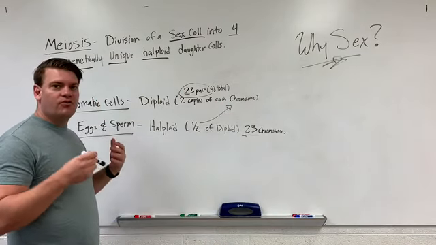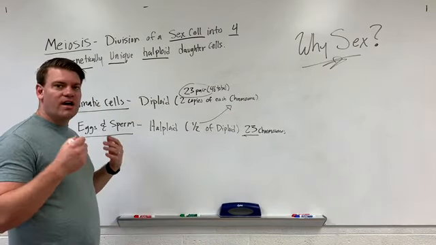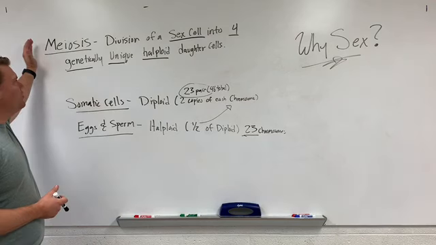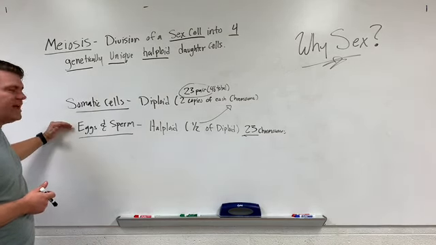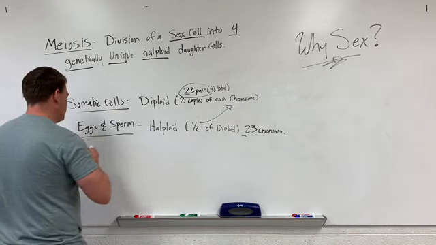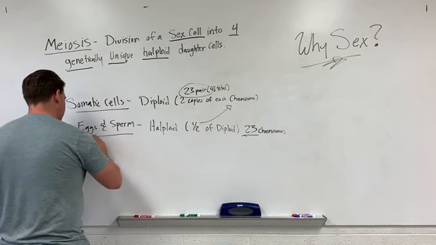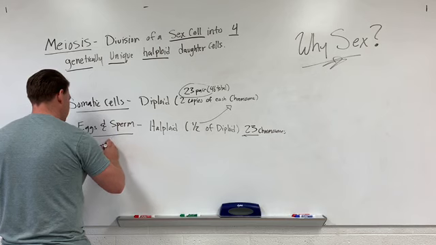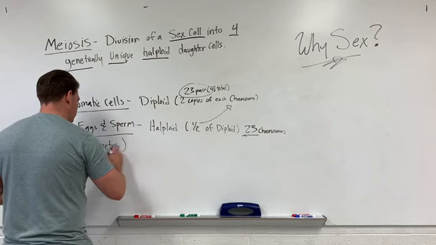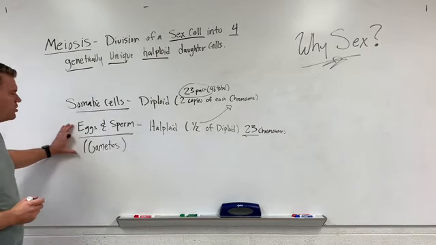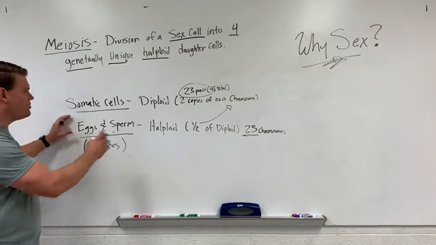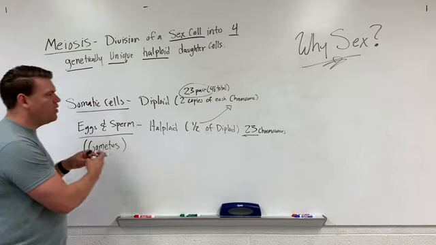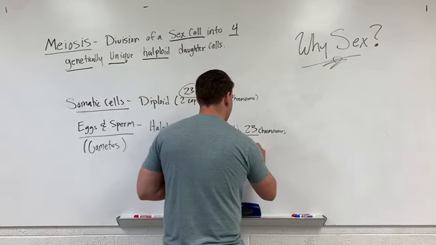All right, and so for us as humans specifically, and most animals that do sexual reproduction, we have to have our sex cells go through meiosis to create our gametes. So our egg and our sperm, these are also called gametes. To be able to create gametes, what we do is we have the egg and the sperm come together. Both of them are 23.